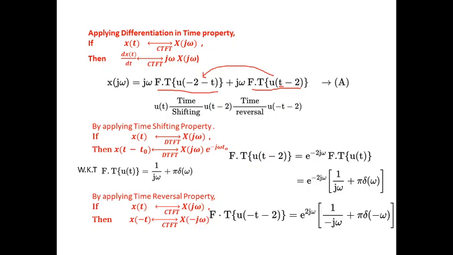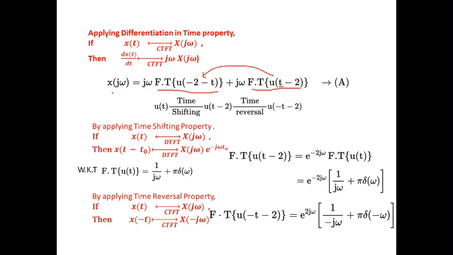So the Fourier transform of u of minus t minus 2 will be e power, in place of omega you substitute minus omega. Since a minus is already there, this will become plus 2j omega, times 1 by minus j omega plus pi into delta of minus omega. So now you have found this one also.